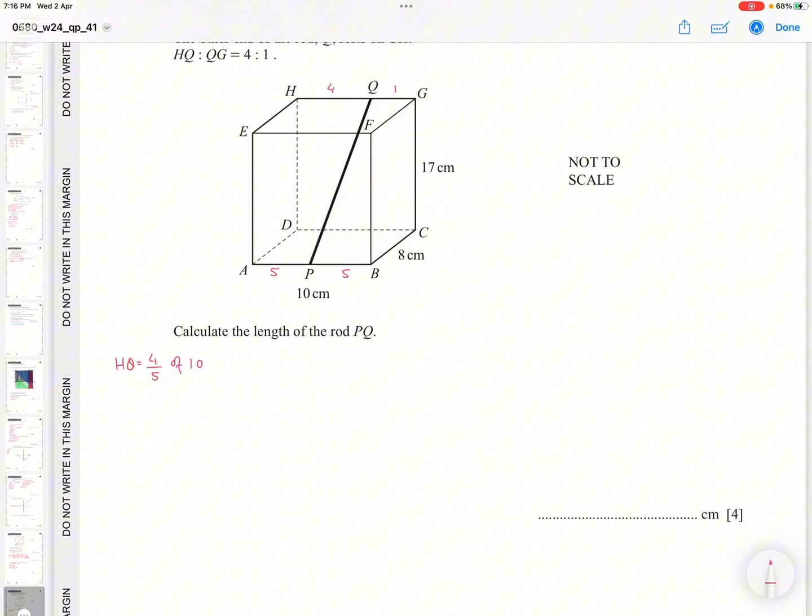HQ is 4, QG is 1. So total is 5 in the form of ratio. So 4 over 5 of 10, which gives me 8. So it means this is 8 and this must be then 2.